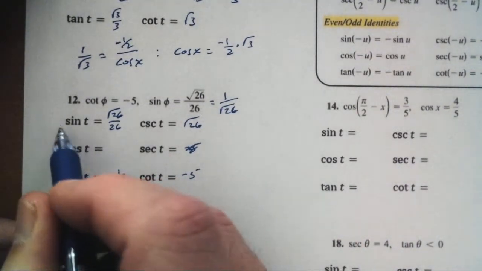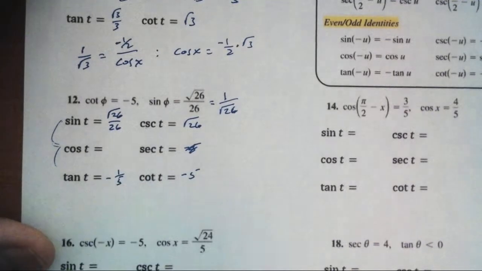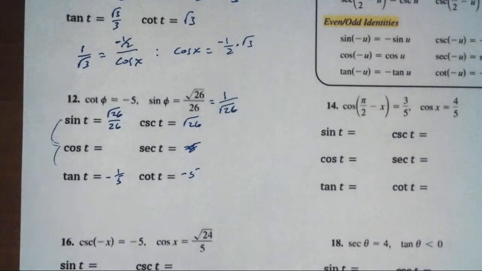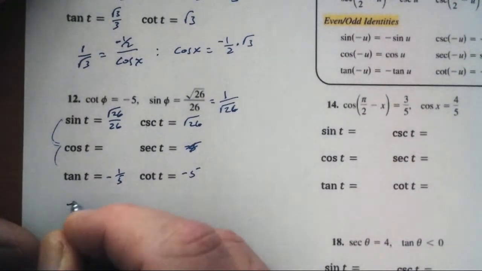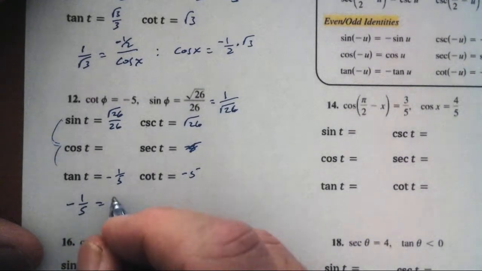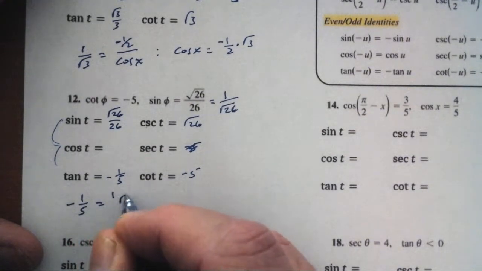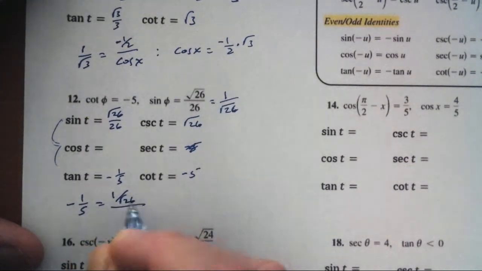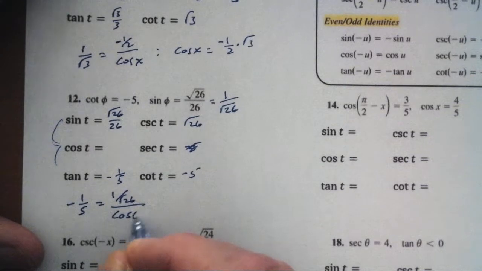And once again, I'm going to use my relationship between sine, cosine, and tangent here. I know that tangent, negative 1 on 5, is equal to sine, which I'm going to make 1 on square root of 26, all on cosine.